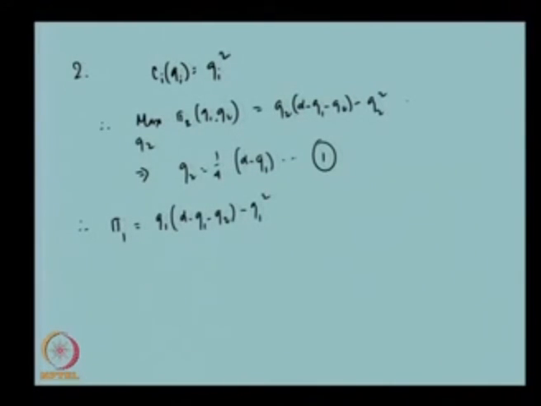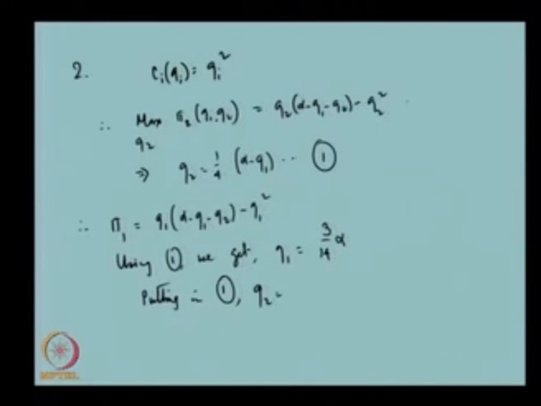All right. Using 1, we get q1 is given by 3/14 alpha, and putting it in 1, we get q2, which is given by 11/56 alpha, and there will be differences in the profit level also.